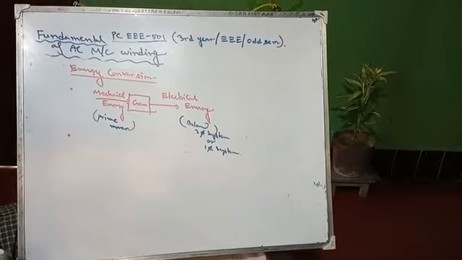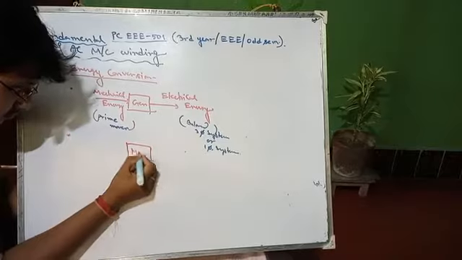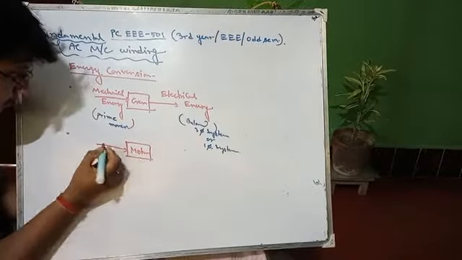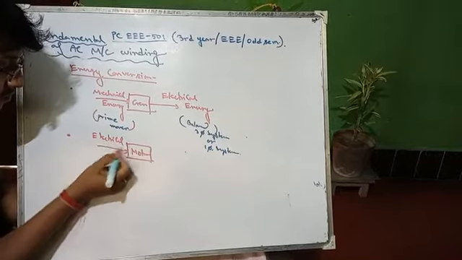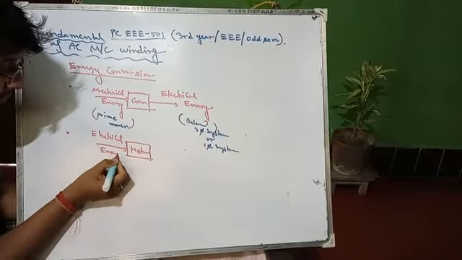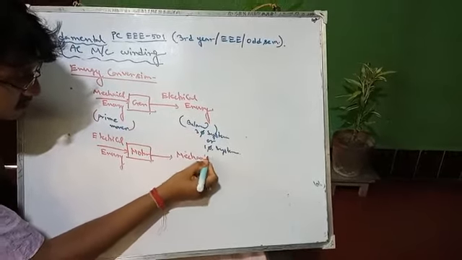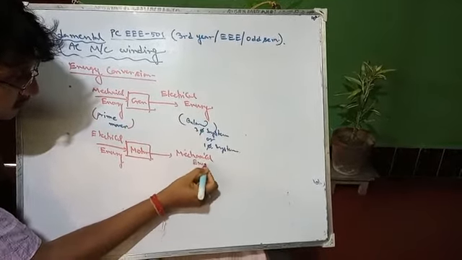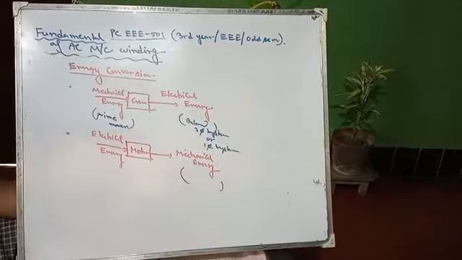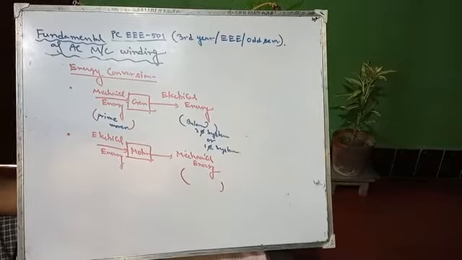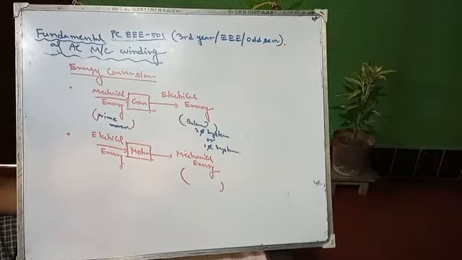Okay, then the motor converts electrical energy into mechanical energy. So this mechanical energy is nothing but wind, as in the case of your ceiling fan, there is a wind, right?